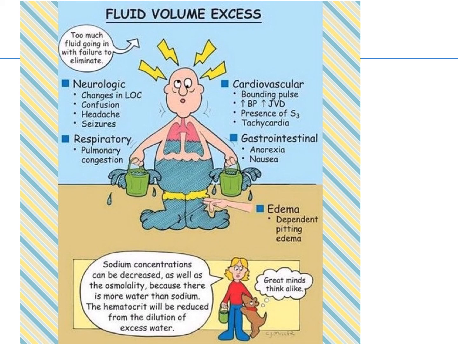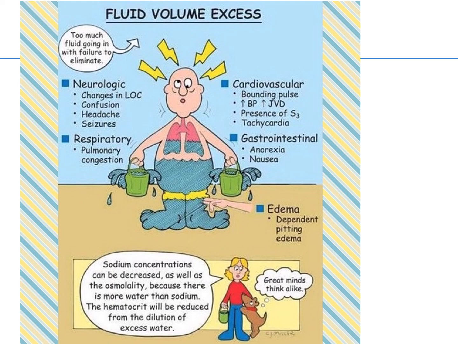Let's see, examples of fluid overload or when you might see fluid overload. Anytime you have diminished homeostatic mechanisms. So heart failure, kidney injury, if you have liver cirrhosis, if you consume foods or fluids that have a lot of sodium in them and your body absorbs that, you can have fluid volume excess.